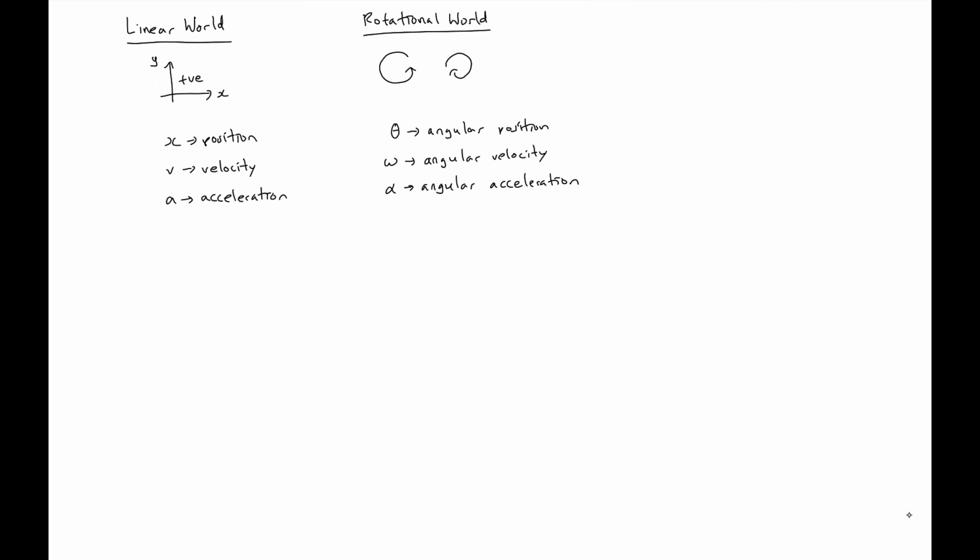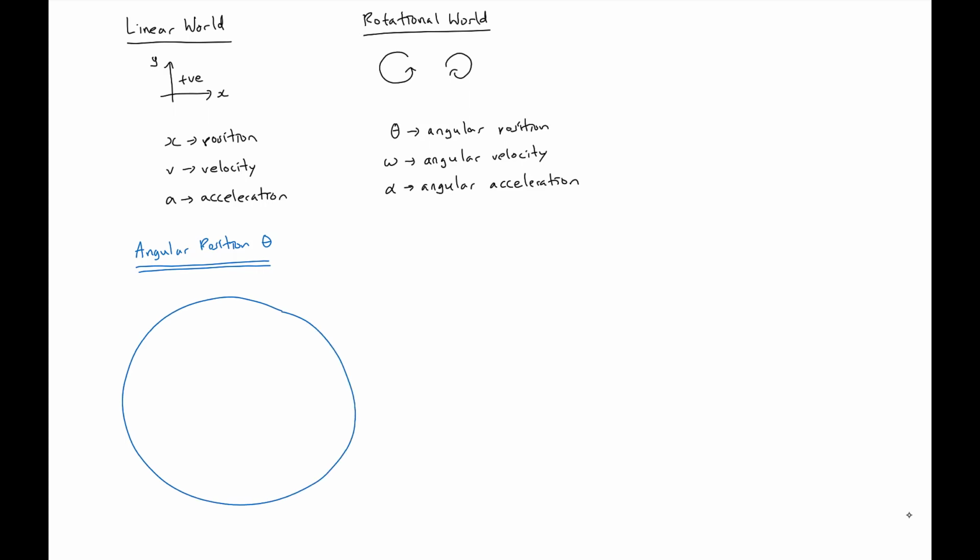So let's start with a discussion of angular position, theta. Angular position is the angle that the object is at from a reference line, where theta equals 0 degrees or 0 radians. So with our circle, let's first draw this. Actually, let's draw it on the left side.